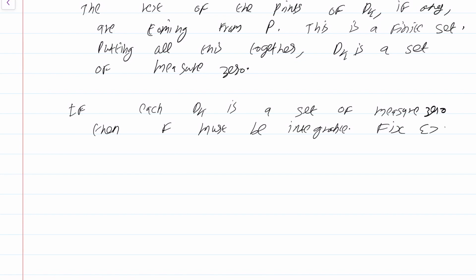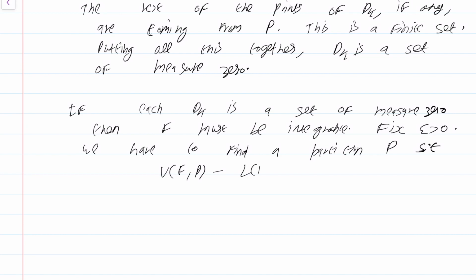So fix epsilon greater than 0. We have to find a partition P such that U(f,P) minus L(f,P) is less than epsilon. So now the crux is we have some control over the discontinuities.